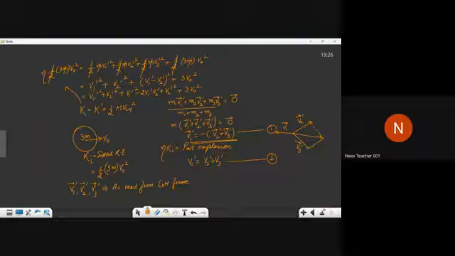Write down. Mark this equation as equation number 3.